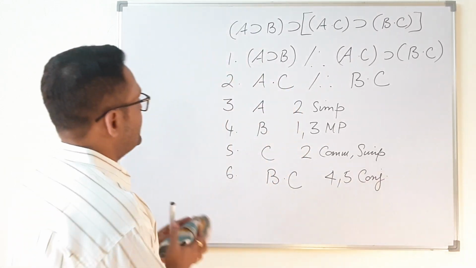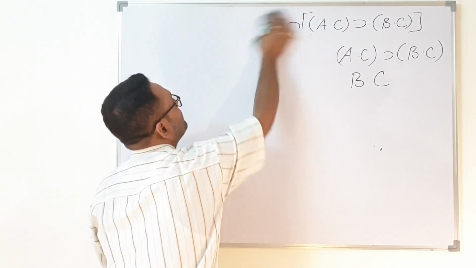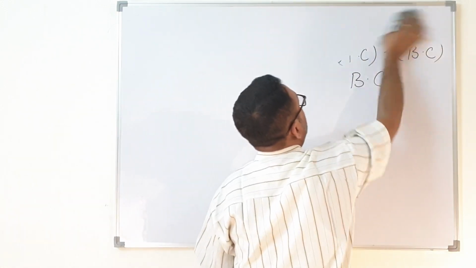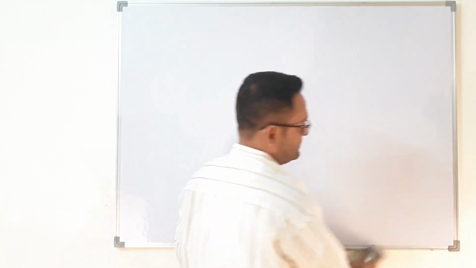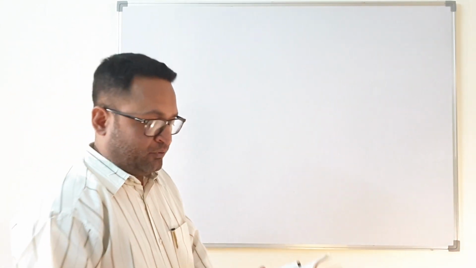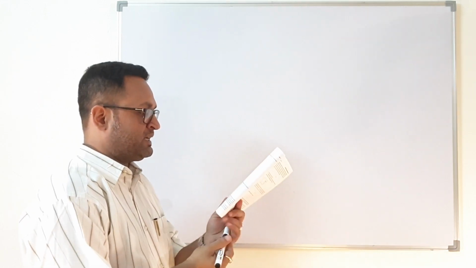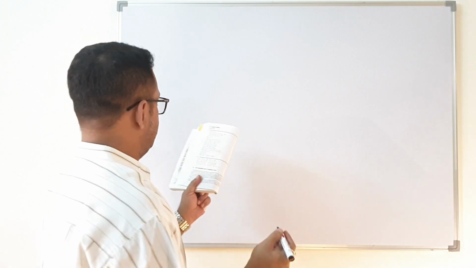Now, let us take a question for IP. You have a lot of questions in your book to prove tautologies using IP. So let me take a question from your book for proving something as a tautology using IP. Okay, let us take this question.